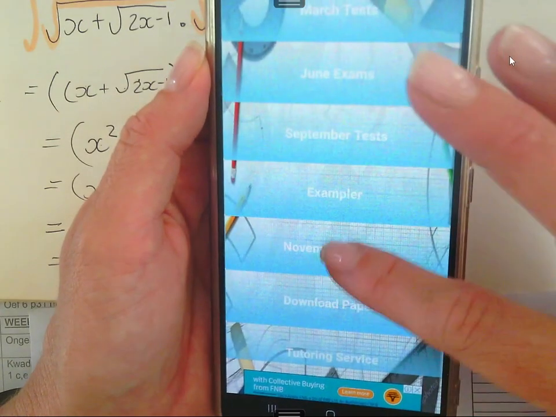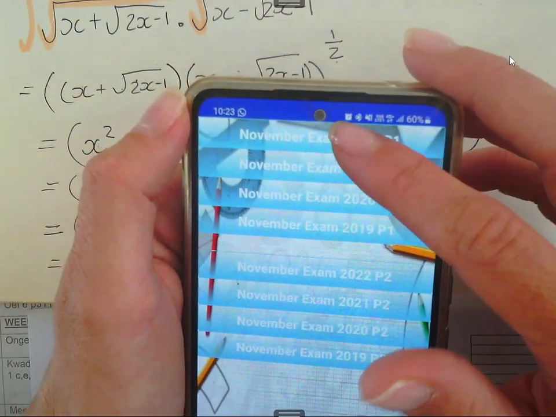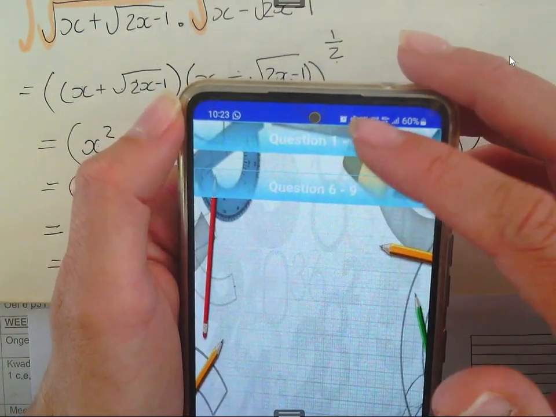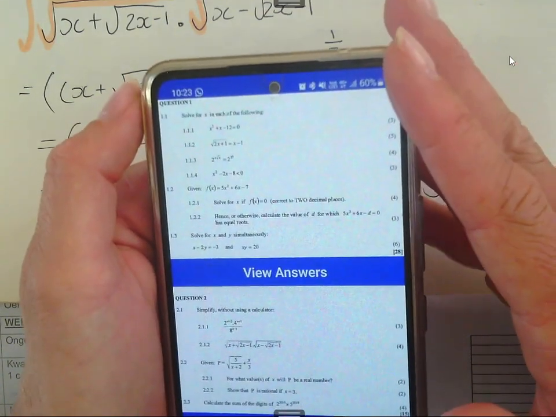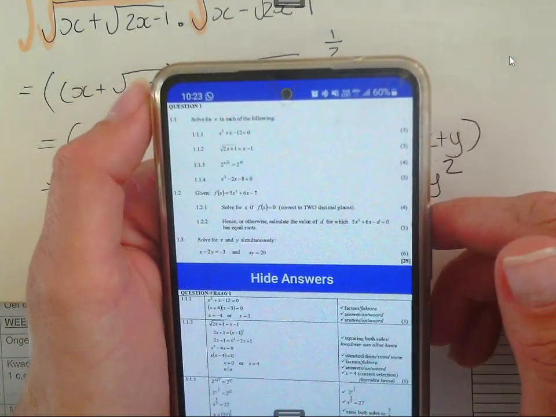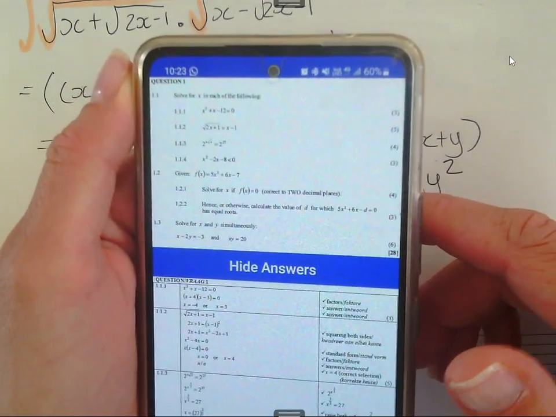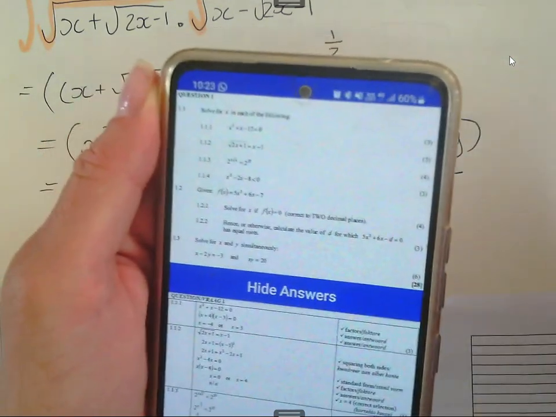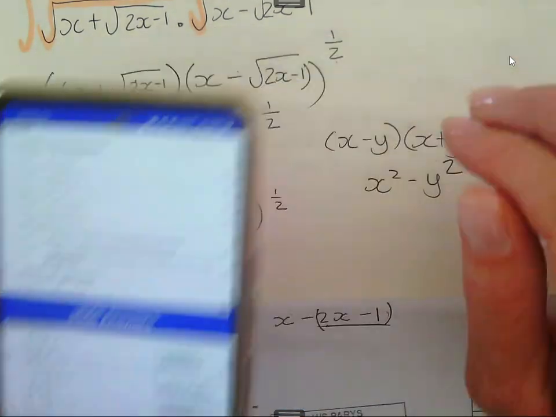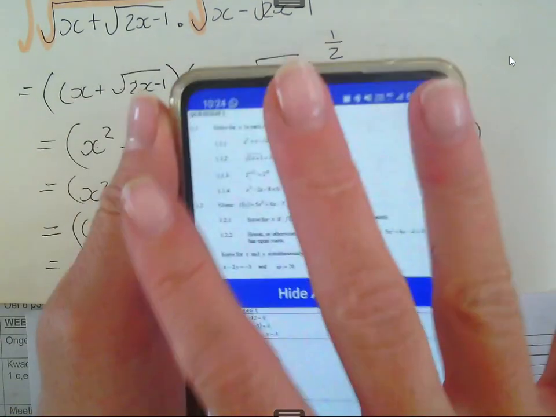So if, for example, you go to November papers, and this is now the November exam of 2022, and you choose question 1 to 5. It has the questions there, and right underneath it, it has the answers as well. Okay, so it's nice to practice from there because you can immediately go to the answer. You don't have to download the question paper and then download a memo. It's all there.